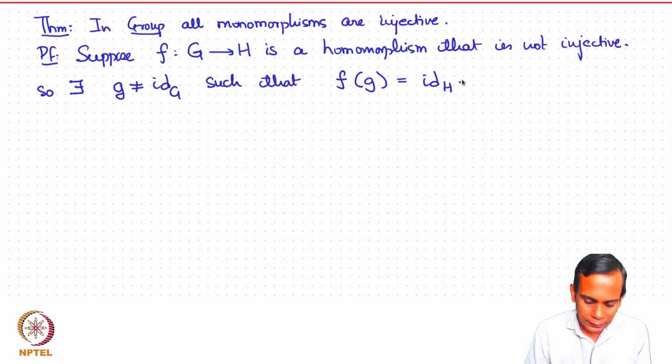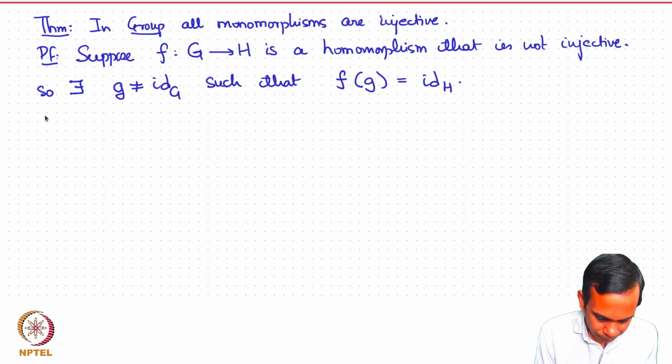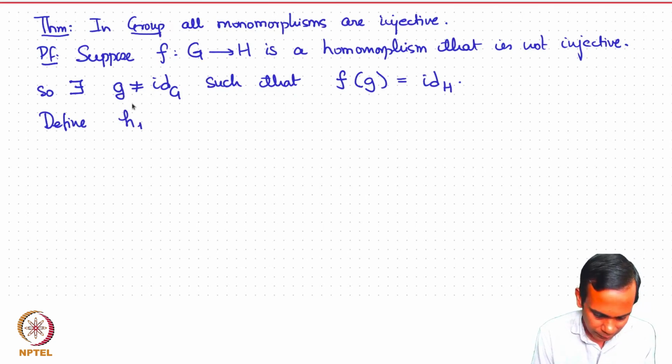Now I'll construct another group and two homomorphisms from it. So define h1 and h2. I already unfortunately used up this element g here.